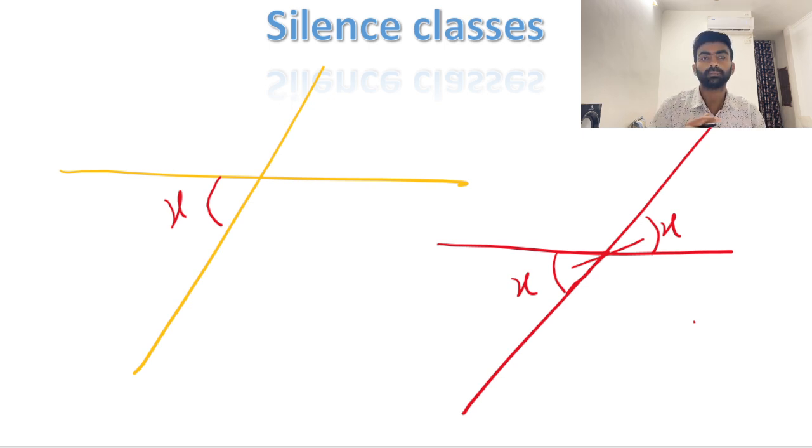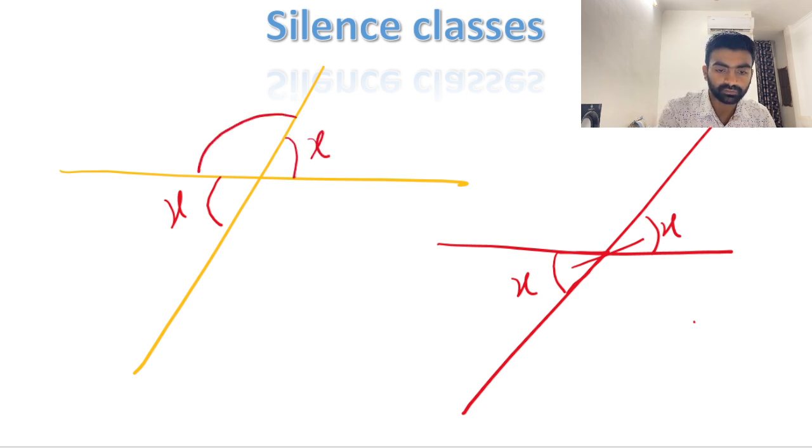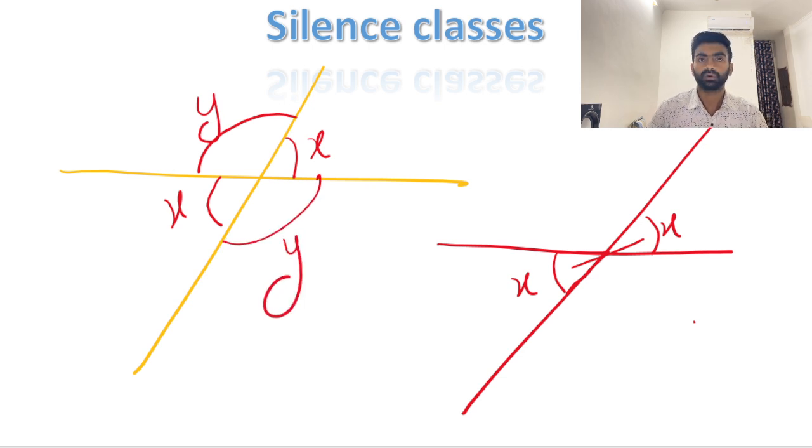Vertically opposite angles are always equal. This one, X, is equal to this one, and if the value of this is Y, then it is equal to this one. So this is known as vertically opposite angles.